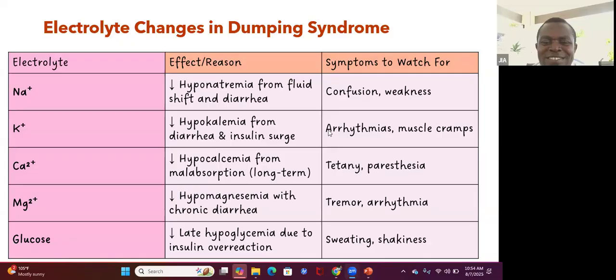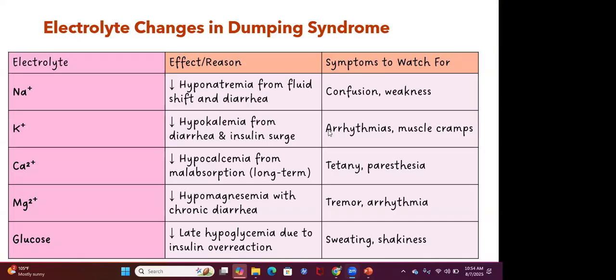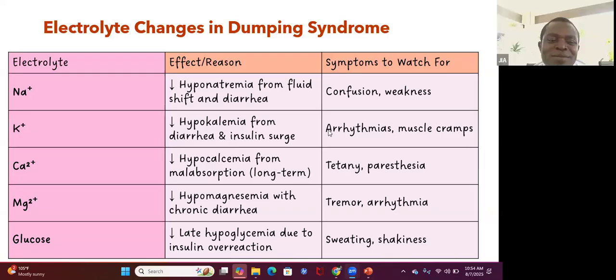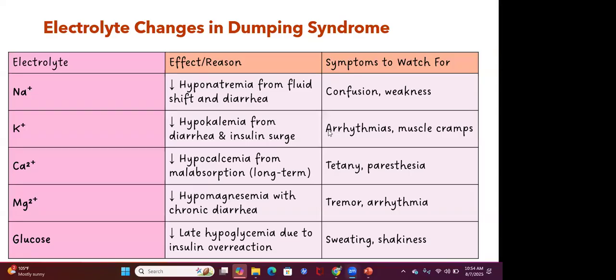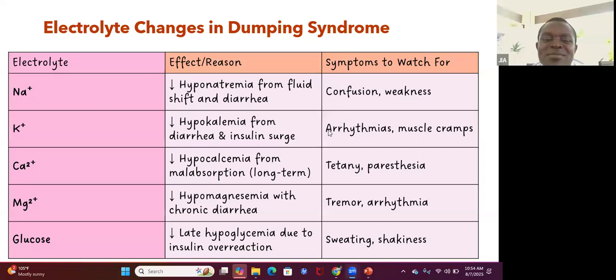Aisha. I think it's inversely proportional. An increase in one will decrease the other, and vice versa. Yes, inversely. Potassium has an inverse relationship with both calcium and magnesium.